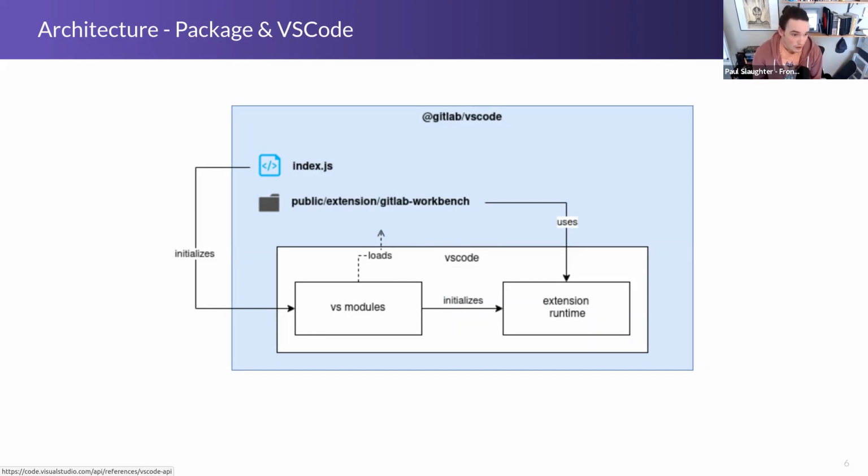The thing we're adding here is this main entry point bundle, which takes in context information like what project and ref and what the GitLab URL is, and also builds this extension that we self-host.